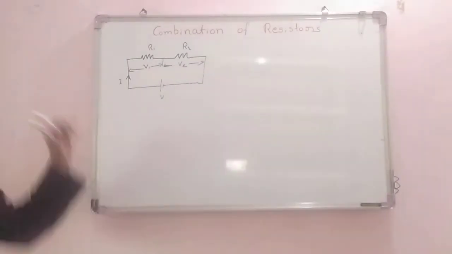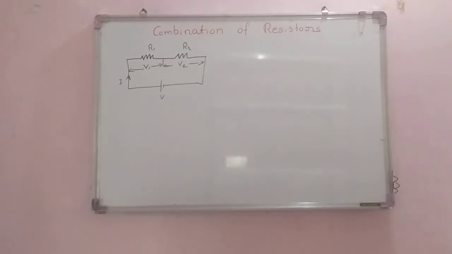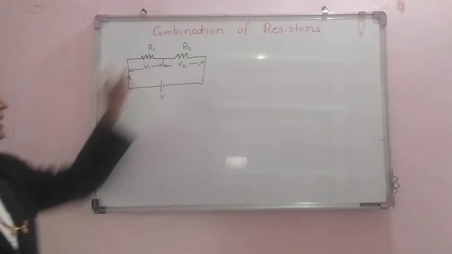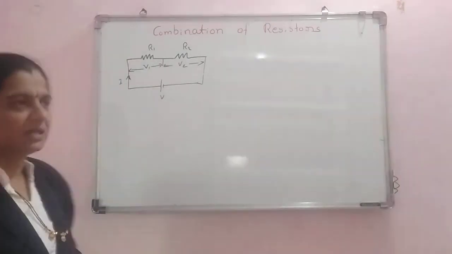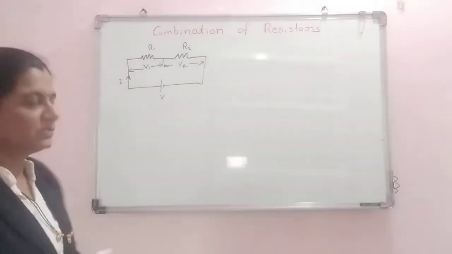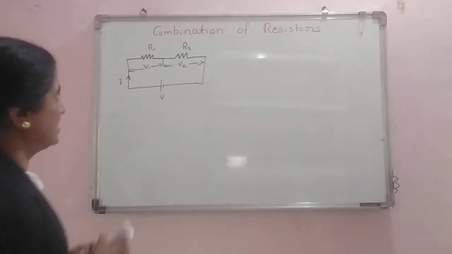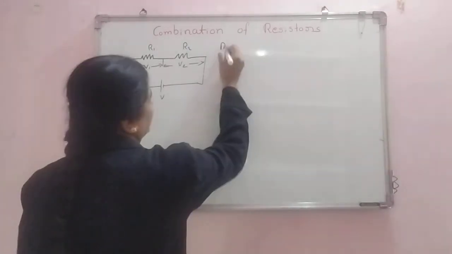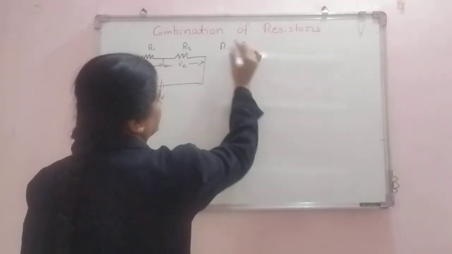Now we have to find the total resistance in this circuit using these two resistors. Let us consider R1 and R2 as the two resistors.